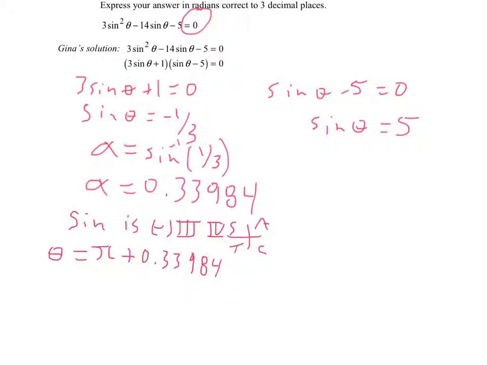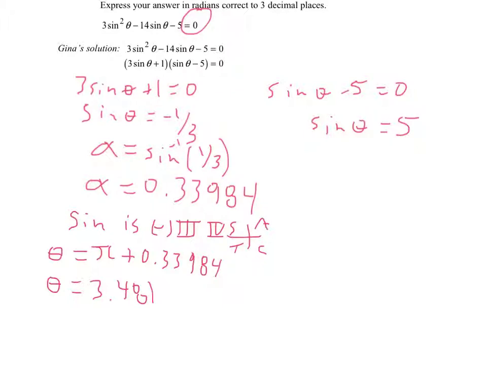On my calculator, I'm just going to add pi to the answer that's on there, so that I don't make any rounding errors. I'll state my answer to 3 places as it asks. So I get a theta value of 3.481. And that's rounded correctly, and it is in the 3rd quadrant.